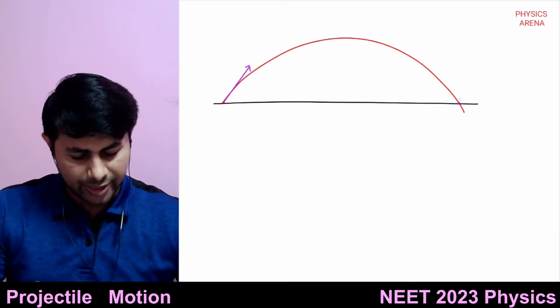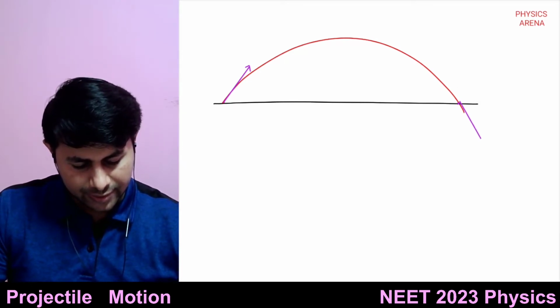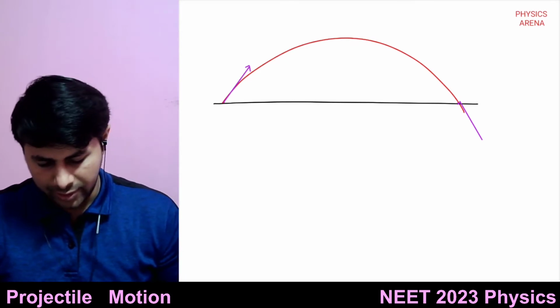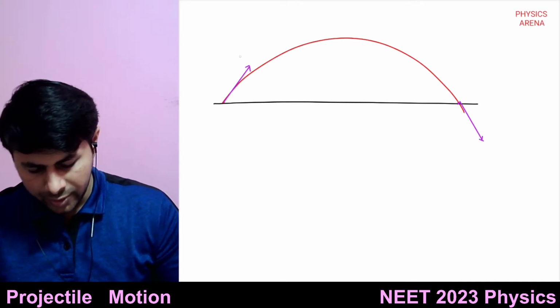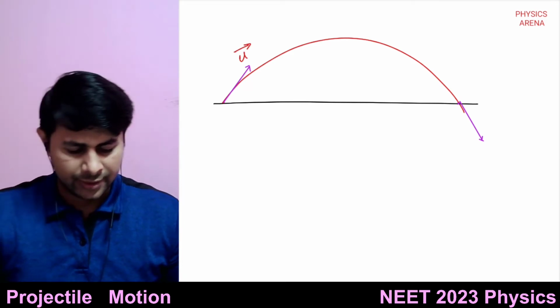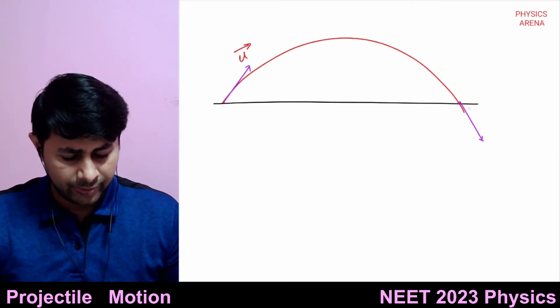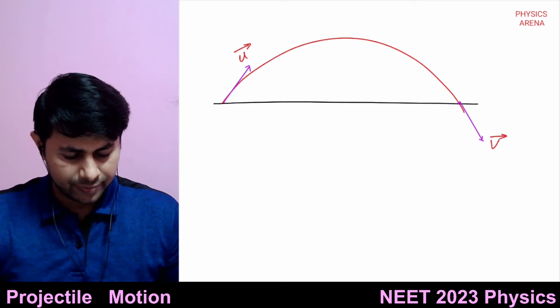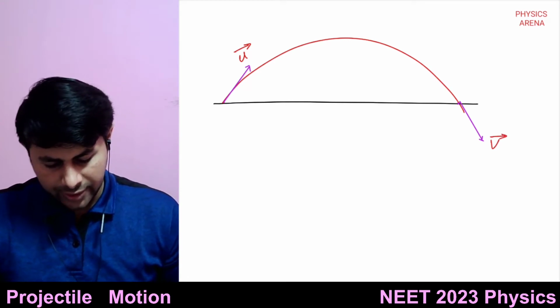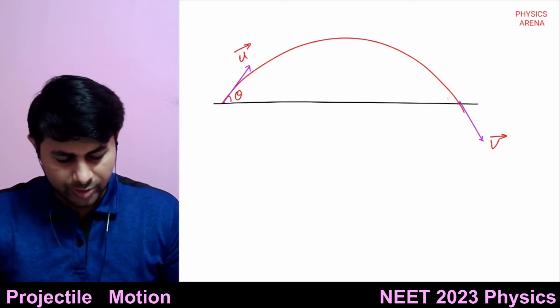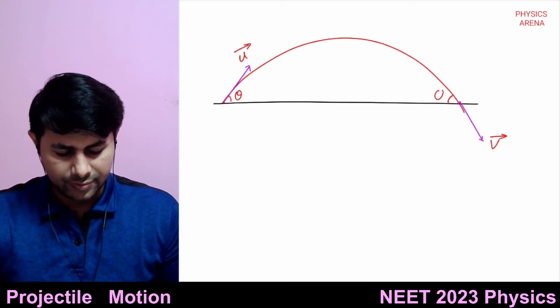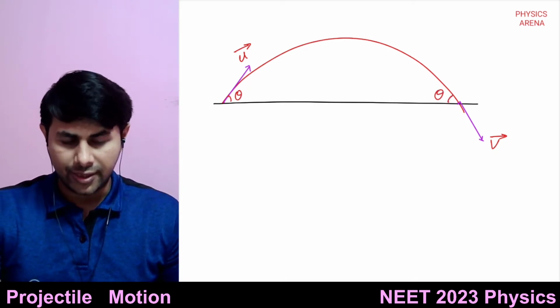Final velocity will be directed like this. So this is u bar and this is, sorry, v bar. So this angle is theta. How much would be this angle? It would be theta. Why?